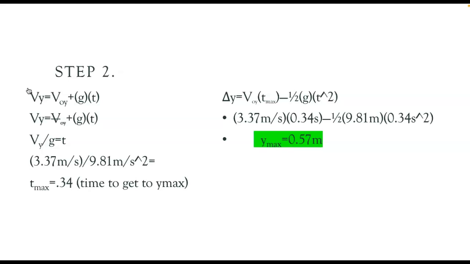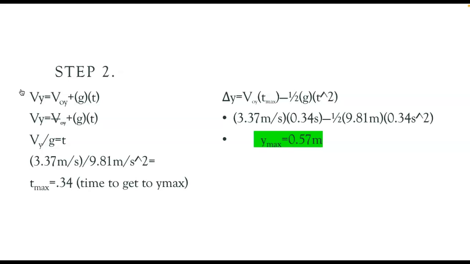We know the other variables and are able to plug them in to solve for time. Vy equals 0 equals 3.37 meters per second plus negative 9.81 meters per second squared multiplied by the unknown t. By rearranging the equation, we solve for t and get 0.34 seconds to reach the peak.